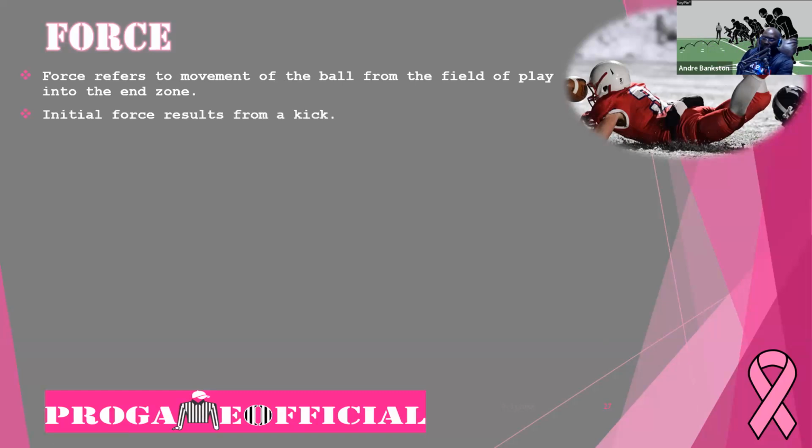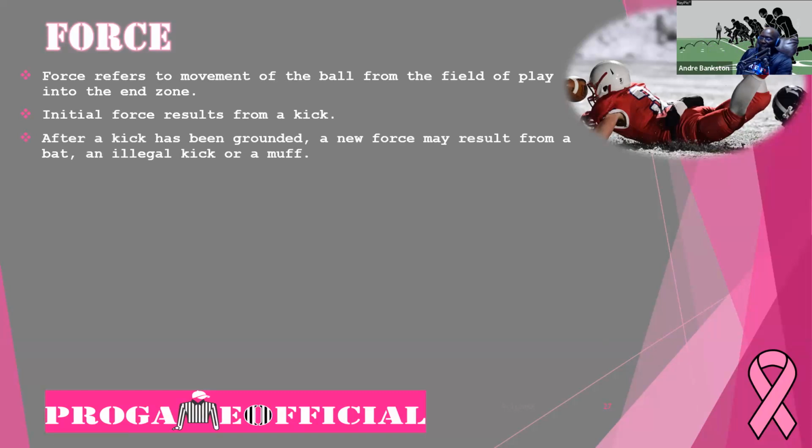The initial force that is from the kick is always in effect. Now, on a scrimmage kick, let's say on a blocked scrimmage kick, once the ball touches the ground, now we can have new force, but it only applies to K's end zone, not ours.